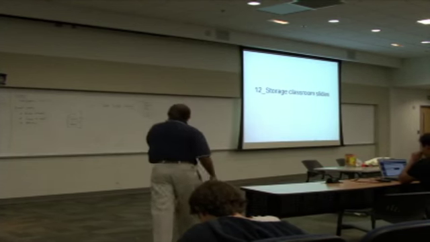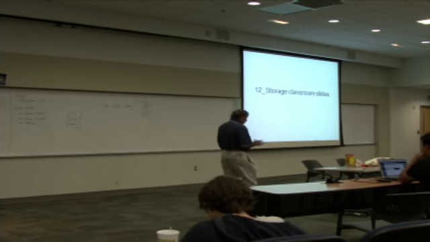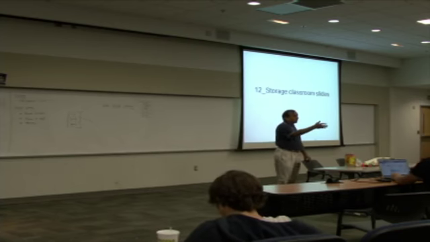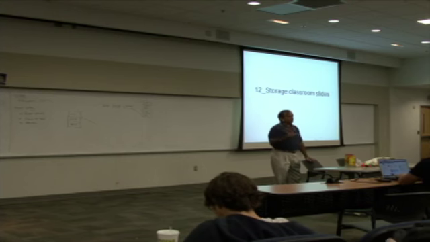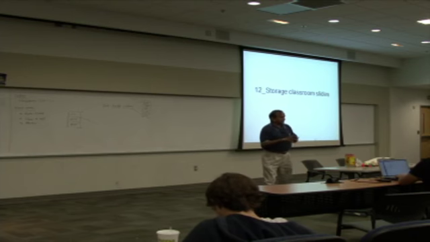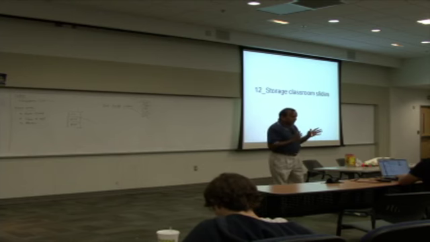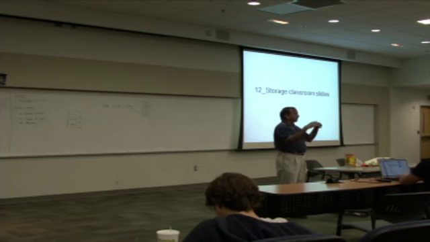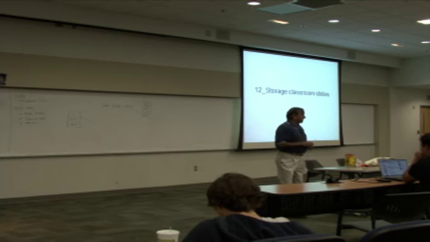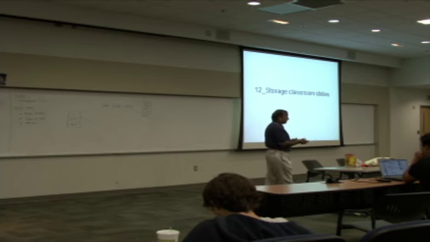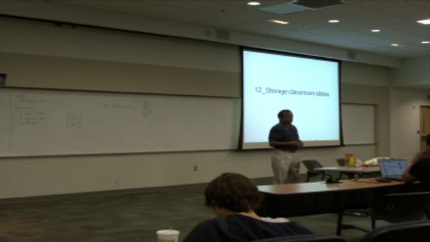Okay, so we talked about how you go from booting to the operating system, and we're going to look at a lot more of those details later on. But what I want to do now is just talk about the file system. So once the system is booted up and you have it running, then your persistent data structures, persistent files, and so on and so forth, are all on your hard disk.